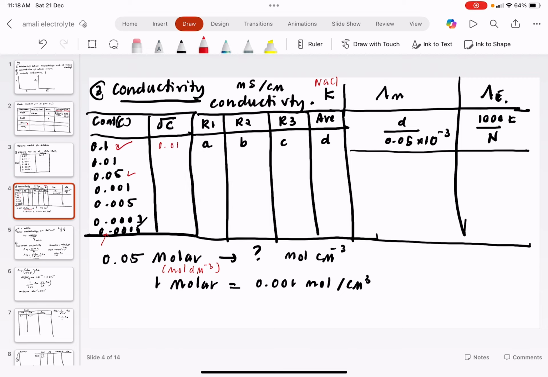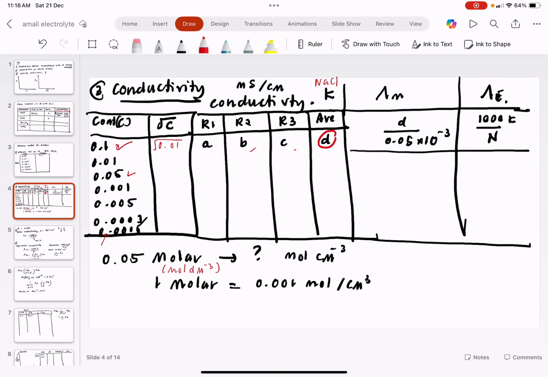Okay, and then after that you have the readings for the conductivity that you measure using the conductivity cell for each concentration. You have A, B, C, and this will be the average. So you average it. Don't forget to put the unit for the conductivity.